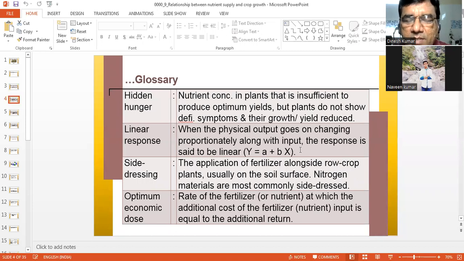Side dressing is the application of fertilizer alongside a row crop. It is a kind of top dressing, but top dressing in a controlled manner. You just apply in bands near the crown part of the stem. Optimum economic dose is the rate of fertilizer application where you get maximum return and minimum pollution of the environment.